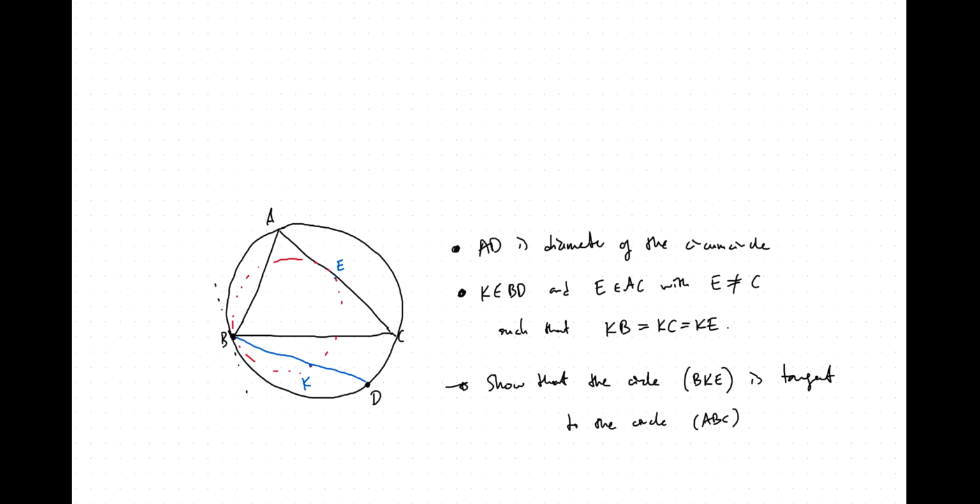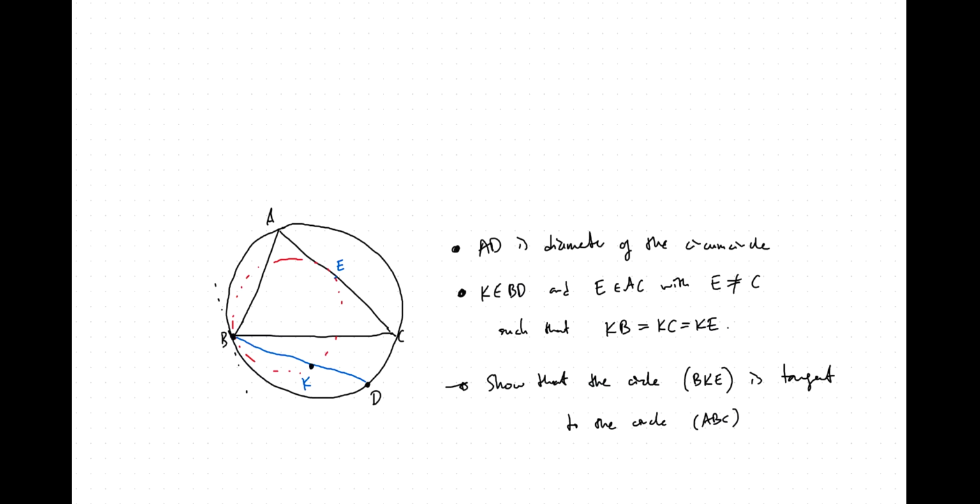It's the intersection of the perpendicular bisector of BC with the line BD. Exactly. The condition KB equals KC defines K uniquely, because this shows that K has to be on the perpendicular bisector of BC, and it's already known that it's on the line BD. So there is a unique intersection. So this is the point K, which is defined uniquely.